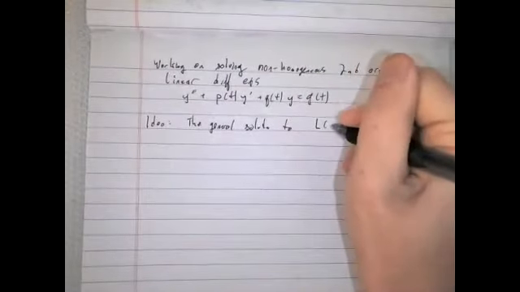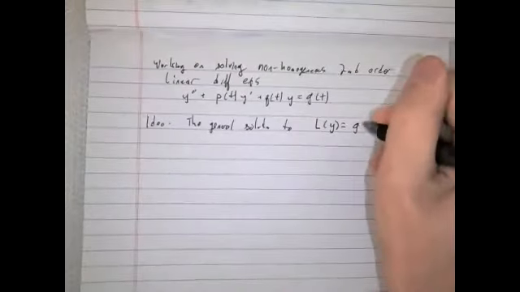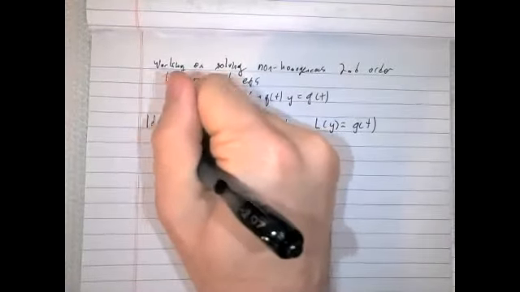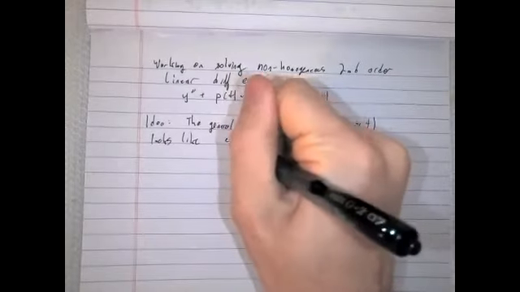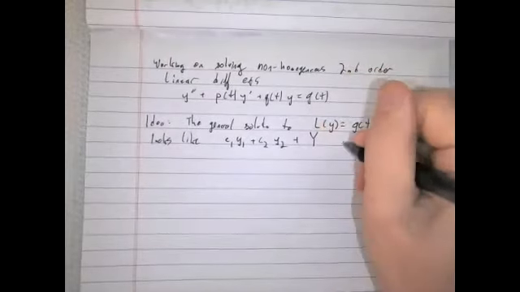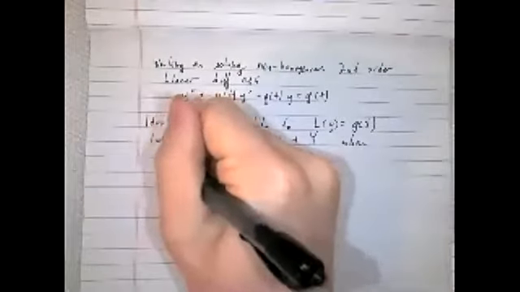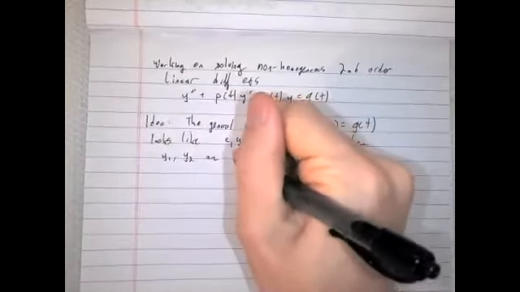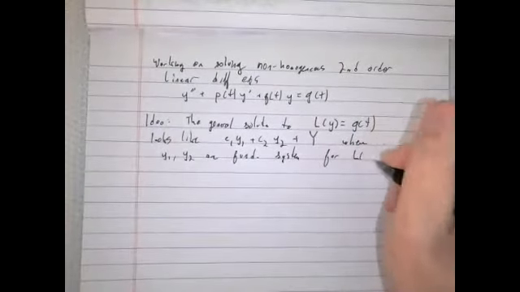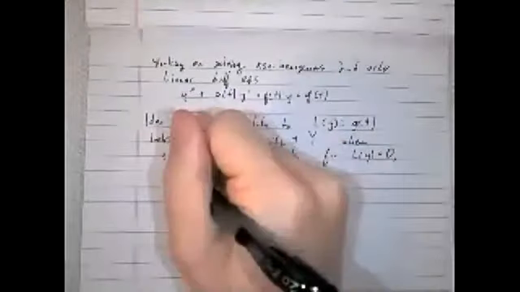So the idea is the general solution to L(y) = g(t), where L is once again a second order differential operator, looks like c1y1 + c2y2 + Y, where y1 and y2 are a fundamental system for L(y) = 0, and all we require is L(Y) = g(t).